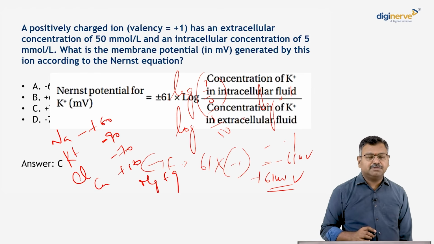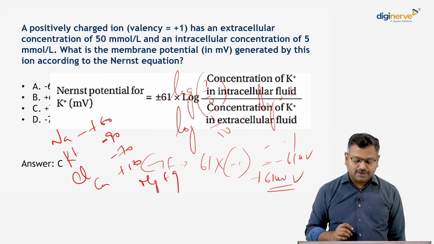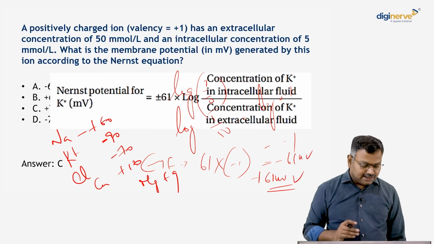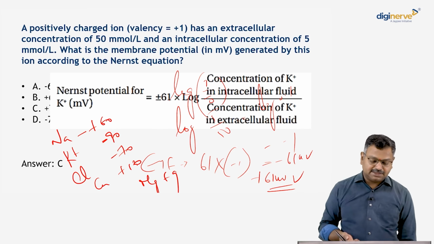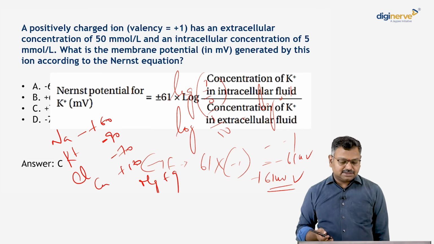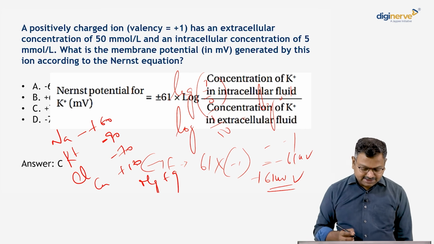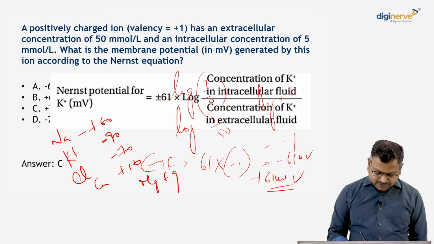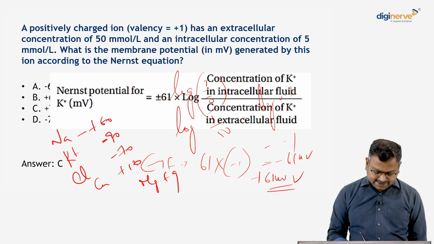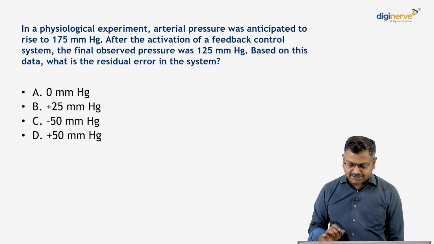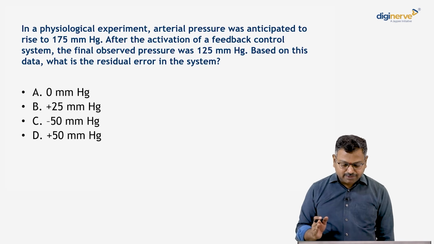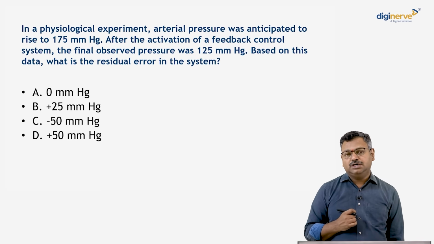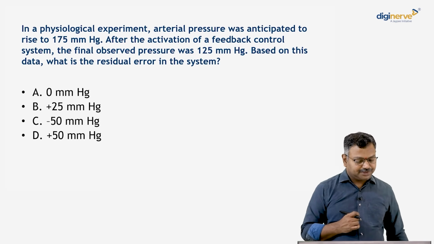So just remember, potassium and chloride are the two negatives, -90 and -70. Calcium is the highest positive at +130, then sodium +60, and magnesium +9. That is how the single ion Nernst equation works, and we would expect these changes to happen, and that is how you would evaluate it.